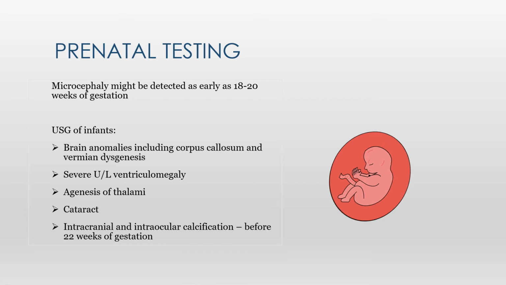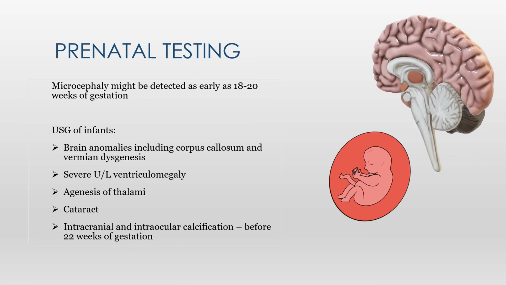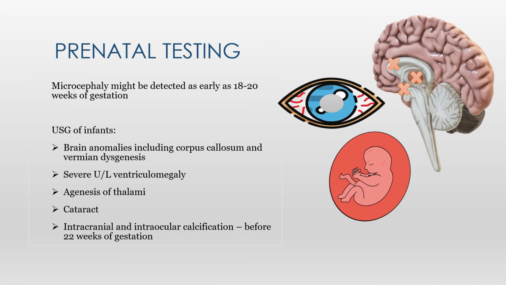Ultrasound of a Zika virus infected infant may reveal brain anomalies including corpus callosum and Vermian dysgenesis, severe unilateral ventriculomegaly, agenesis of thalami, cataract, intracranial and intraocular calcification observed before 22 weeks of gestation.